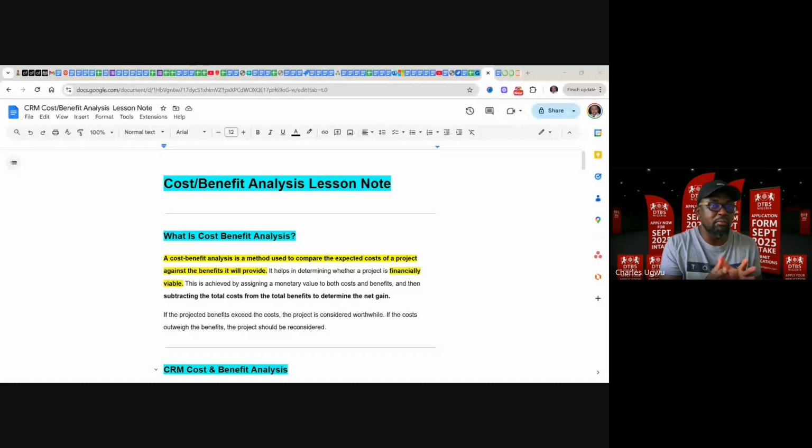Once we come up with a business case, if it gets approved, then the project starts. If the business case is not approved, the project cannot start, the project cannot continue. So at the initiate stage, the project has not really started. We are still in the process of initiating the project.